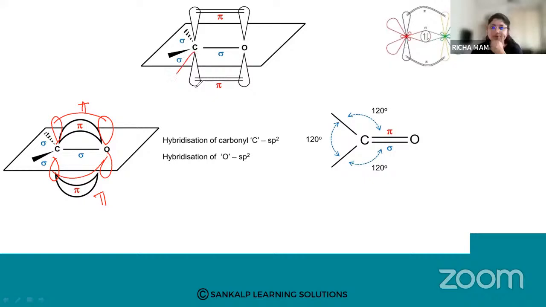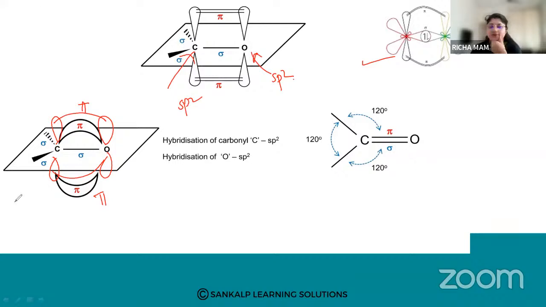The hybridization of carbon, as we discussed, is sp2, and oxygen is also sp2 hybridized. The bond angle between these atoms is 120 degrees. These things you have to remember.